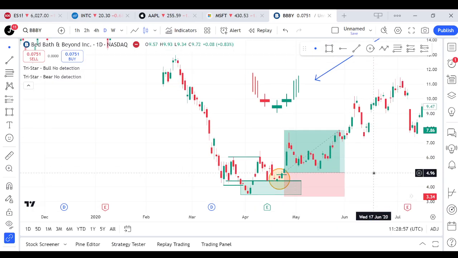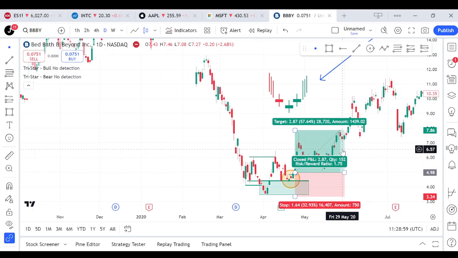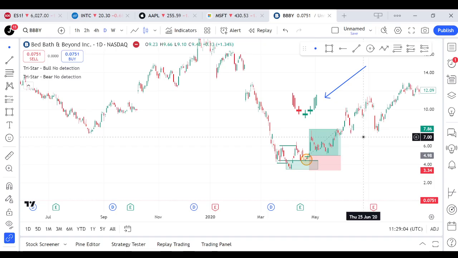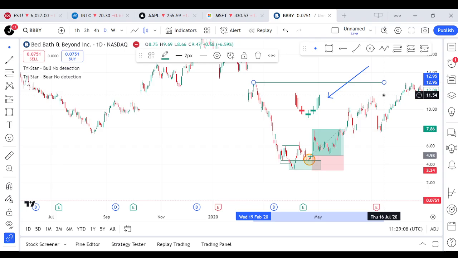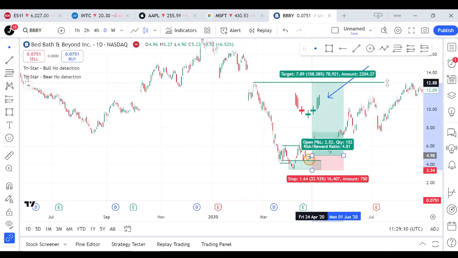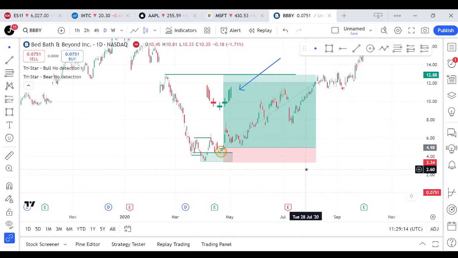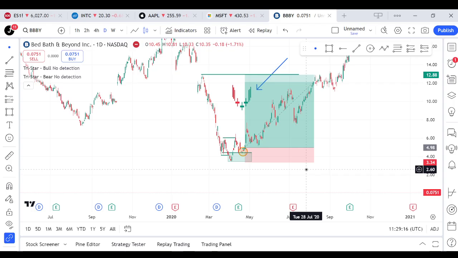Then we're looking to take profits at a 1:2 risk to reward ratio, or we could take our profits at significant resistance zones like this one right here. Stretching this, that's how I would have been able to enter this bullish trade using the 3-star candlestick pattern.